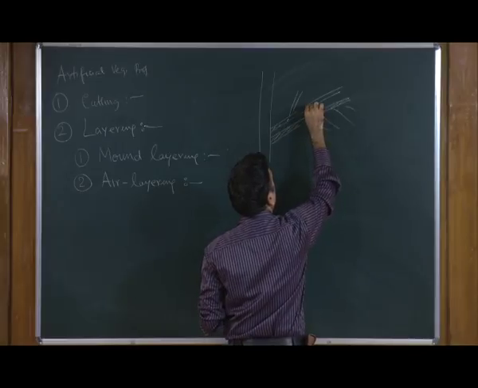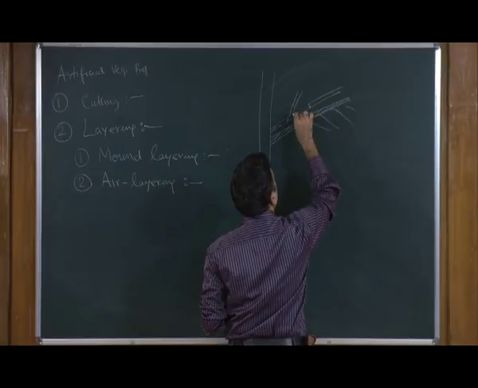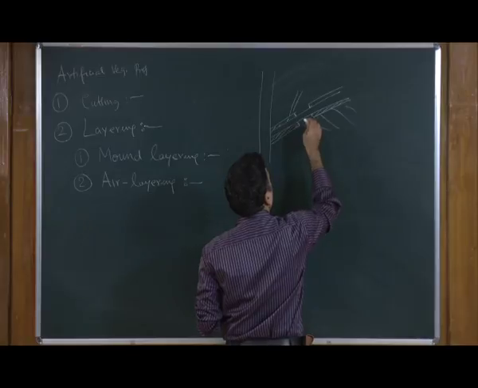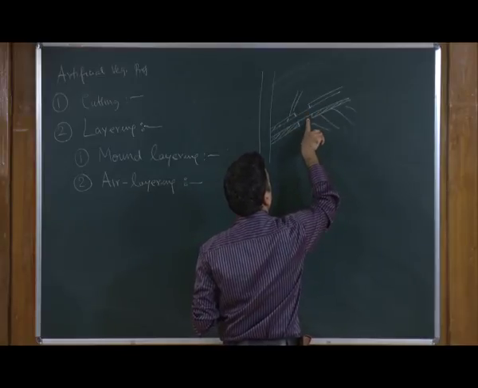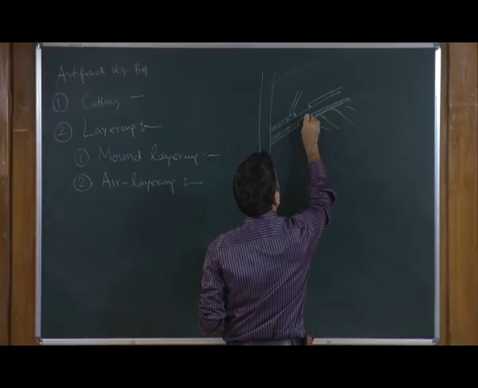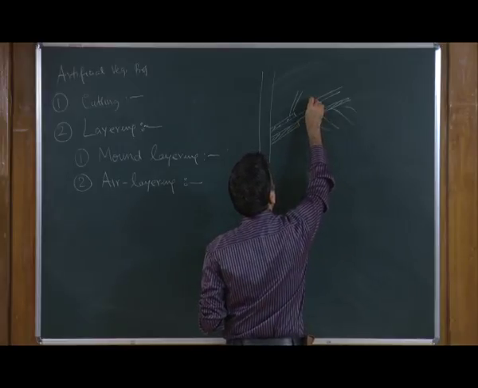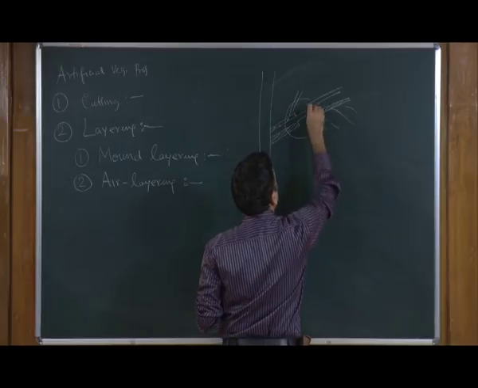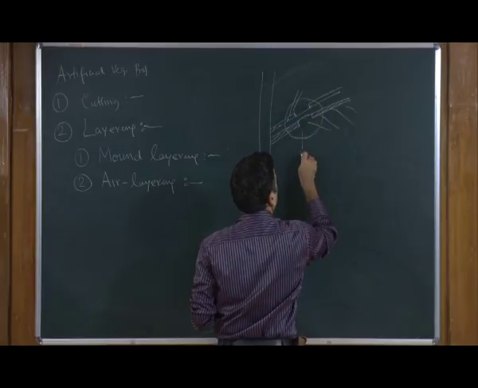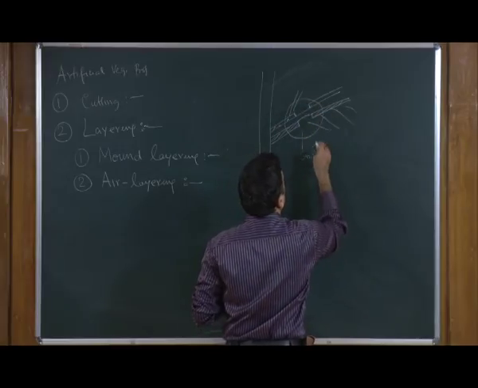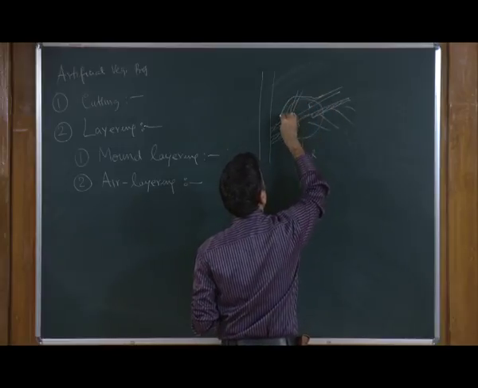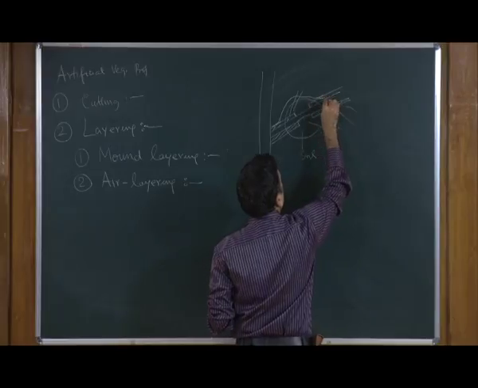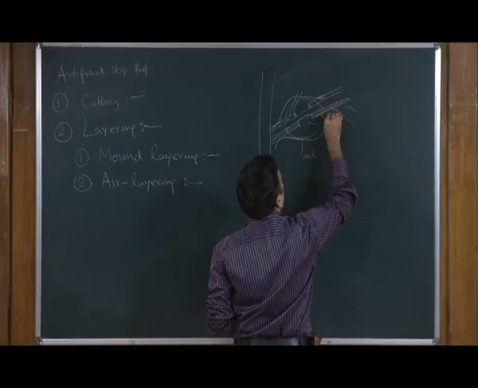So, there will be a gap. You just generate this gap, and on this portion you cover the whole portion with soil, and then ultimately you cover this whole portion with a polythene bag.